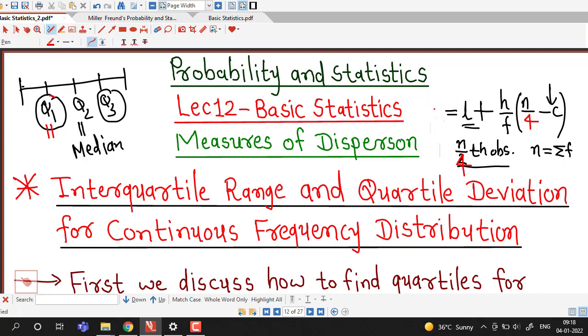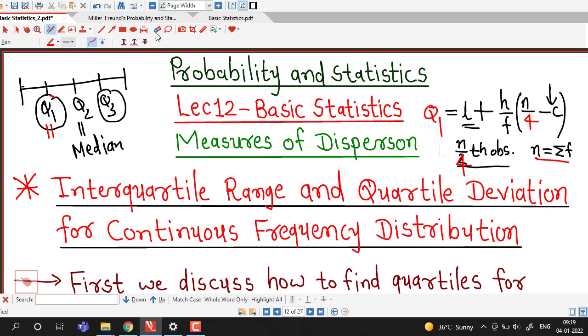So Q1 equals L plus H by F times N by 4 minus C, where L is the lower limit of the class which contains first quartile, known as first quartile class, and all these things are similar to the formula of median. H is class size, F is the frequency of the first quartile class, N equals sigma F, and C is the cumulative frequency of the class preceding the first quartile class.